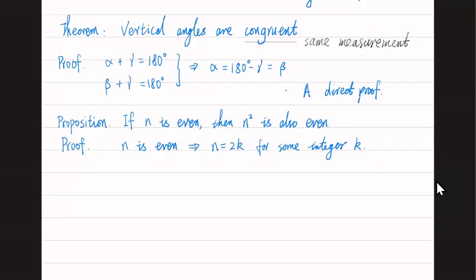Then n squared, again, this is an even number. Again, so this is a direct proof.